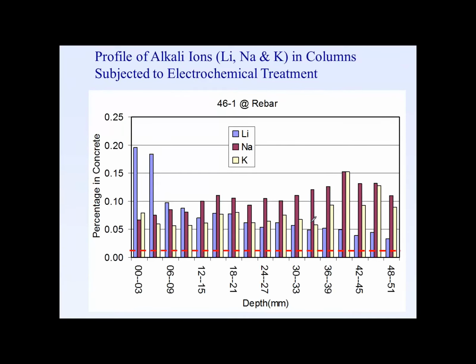And it ends up that the internal alkalis that are already in the concrete will actually redistribute and move towards the steel to satisfy the hydroxyl increase. And the concern here is we now seem to be redistributing and increasing the alkali concentration in the form of sodium potassium at the surface of the steel. So this is an issue that we're looking at still.